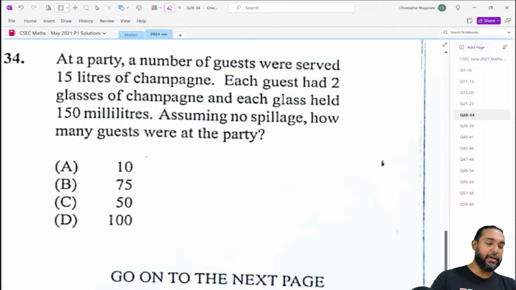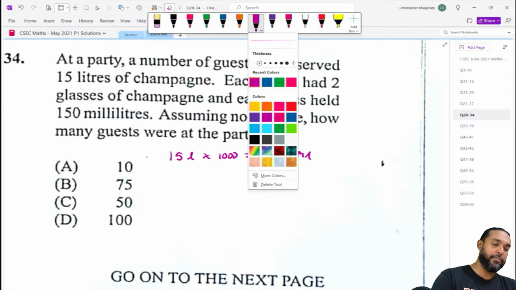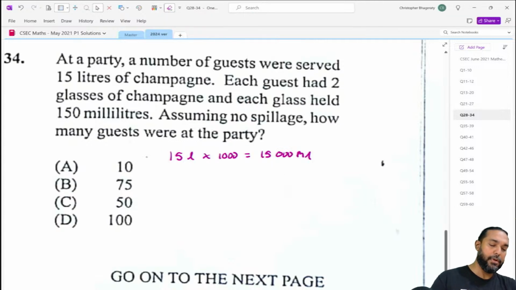Okay, so check it. 15 liters, if you multiply by 1,000, you will get 15,000 milliliters. Now, each glass held 150. So this is the total quantity of champagne, and each glass held this much. So let's see how many glasses we could have filled.